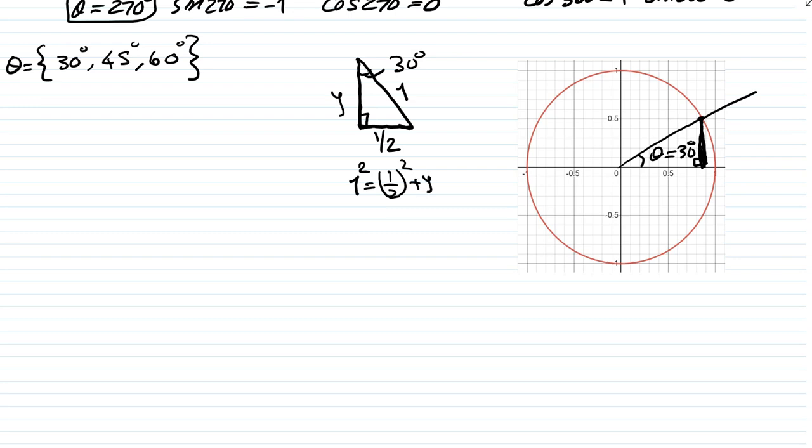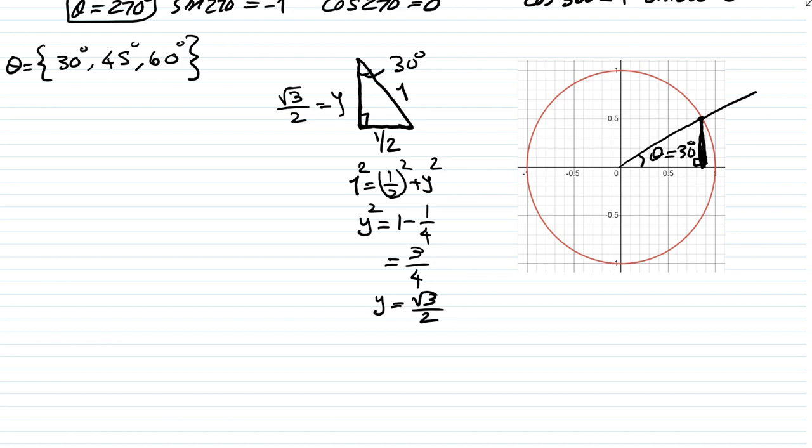Call this y. So y squared turns out to be 1 minus 1/4, or 3/4. So y would be square root of 3 over 2. That's what we know from geometry, not trigonometry.